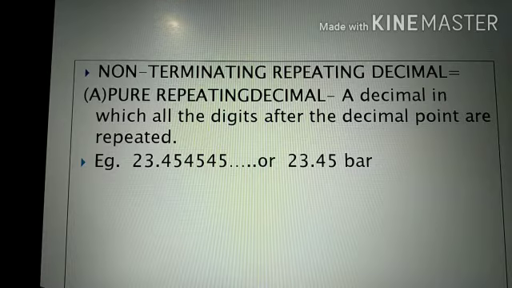Before going ahead, we must know a few terms regarding non-terminating repeating decimals. Non-terminating repeating decimals are of two types. One is pure repeating decimal.